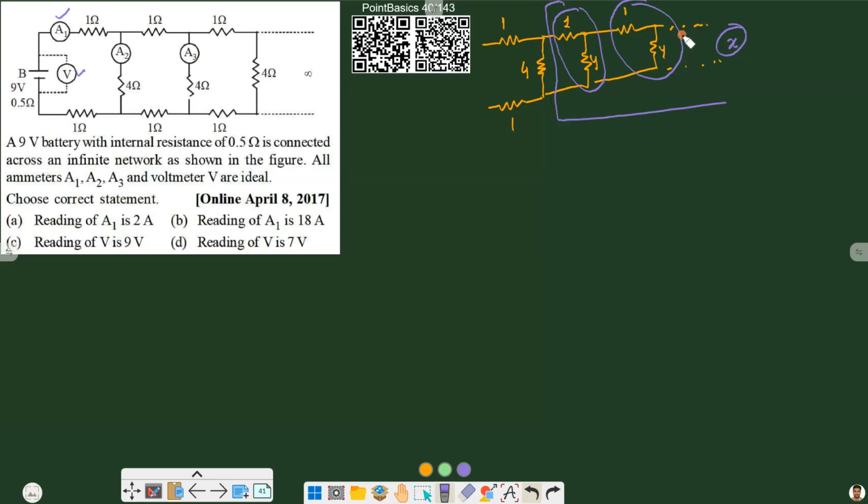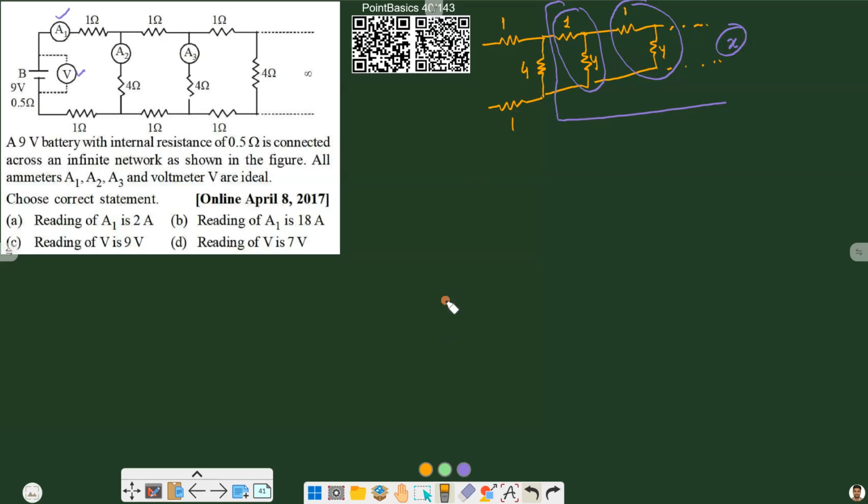As it is on infinite repetition, adding some value to x or subtracting some value from x will not change the value of x, because it's on infinite repetition.